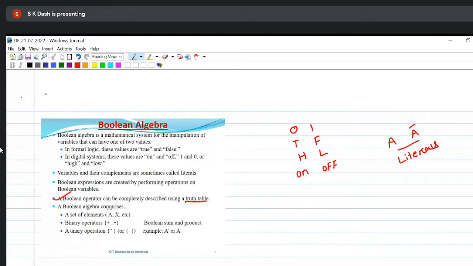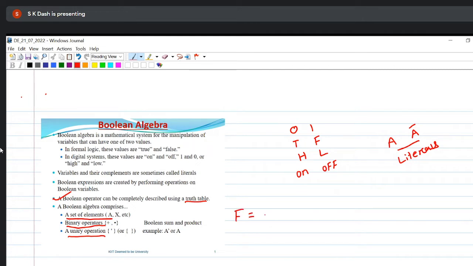So basically this algebra comprises a set of elements, meaning those variables or literals, then binary operators or unary operators. Binary operators, as we discussed, can be plus or dot, AND or OR, and the unary operator is the complement. With the help of that, we can build any kind of expression.